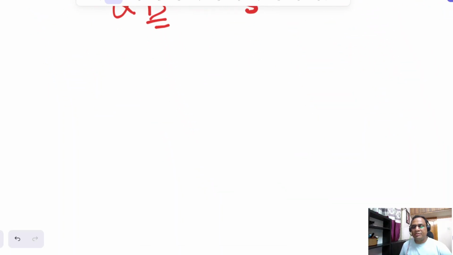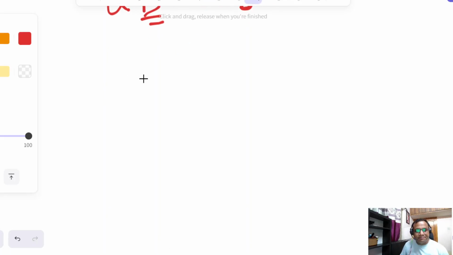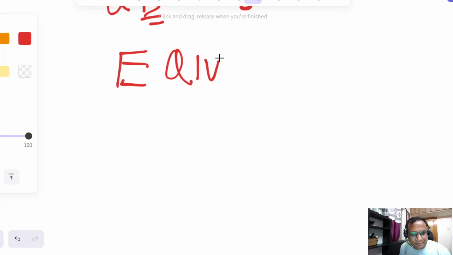So we learned about the fractions: proper, improper, and mixed fraction. And we also learned how we can convert an improper fraction to a mixed fraction. Now let's learn about equivalent fractions. If you read this word, the meaning is in the word itself.